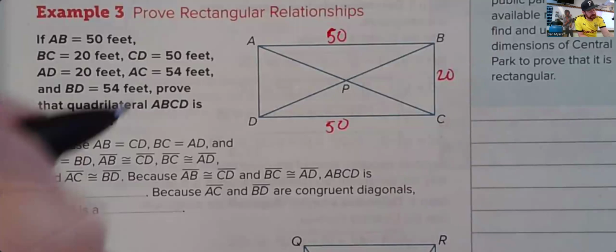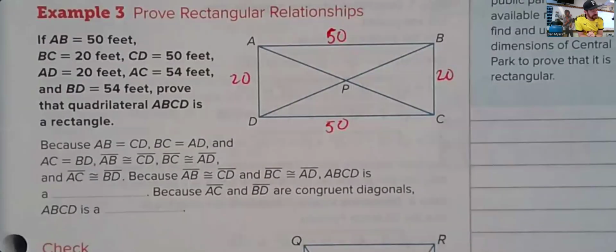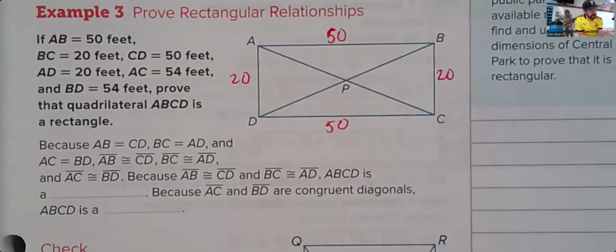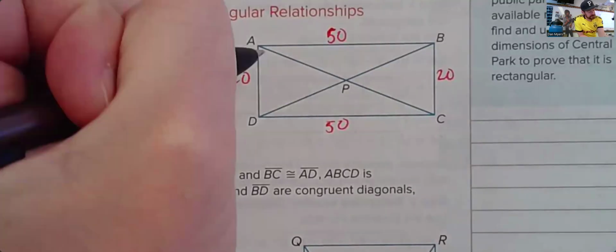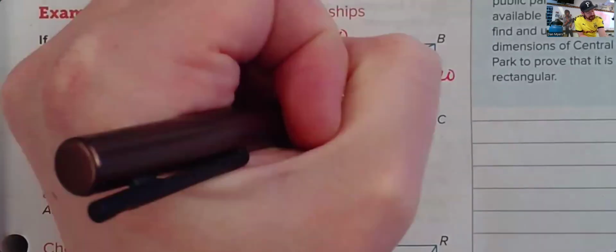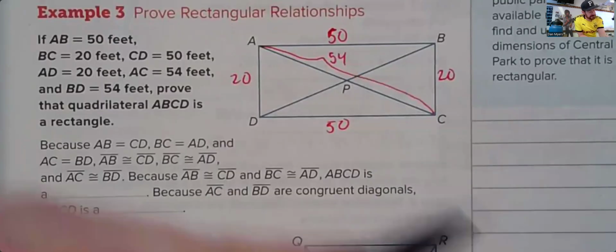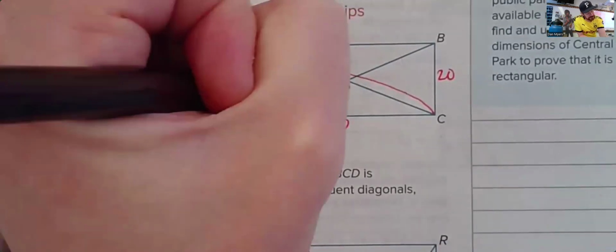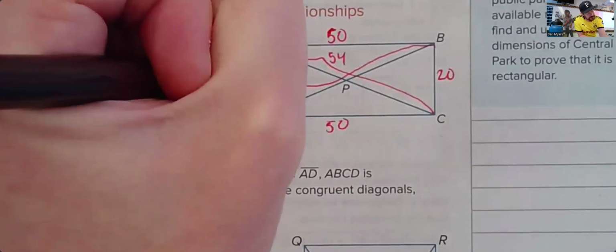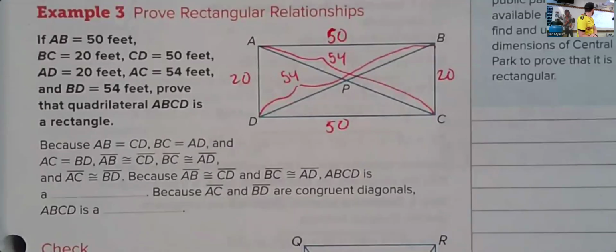AD is 20 feet. AC is 54 feet. And BD is also 54 feet. Prove that quadrilateral ABCD is a rectangle.